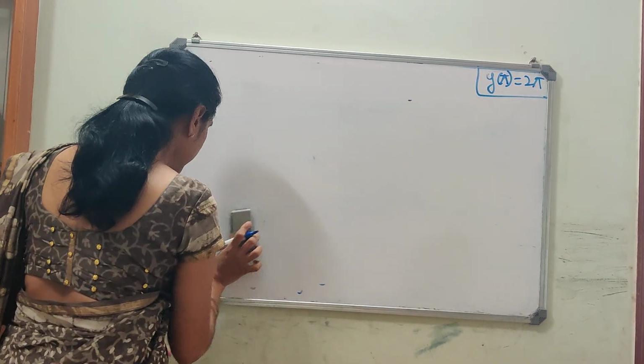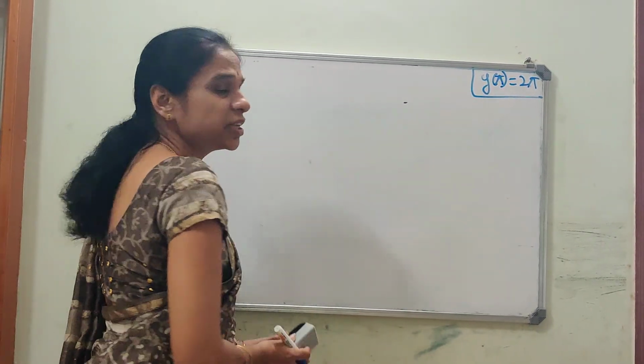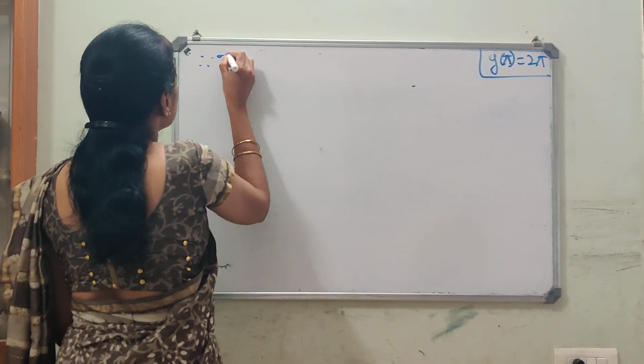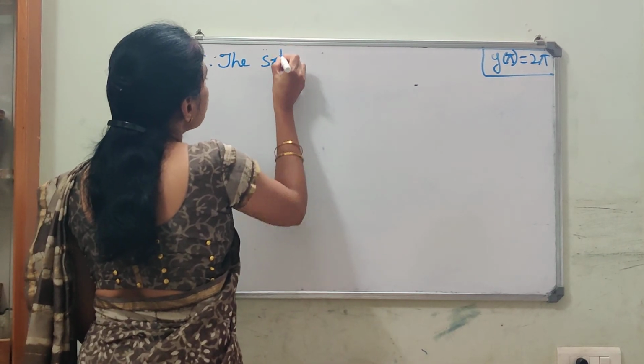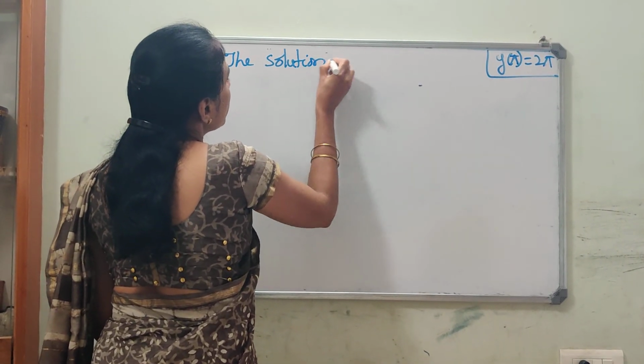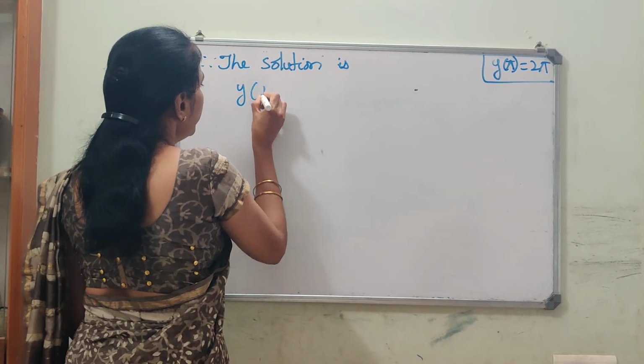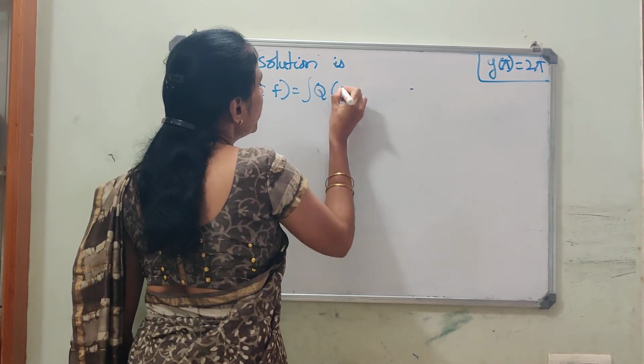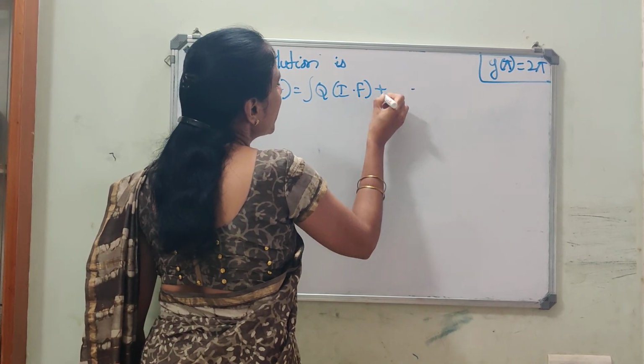We know that for the linear differential equation, if I have the integrating factor, step 3 says that the solution is y into integrating factor is equal to integration of q into integrating factor plus c.